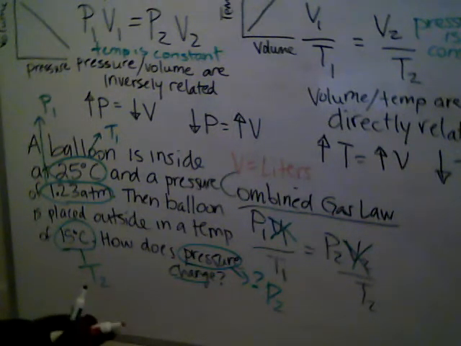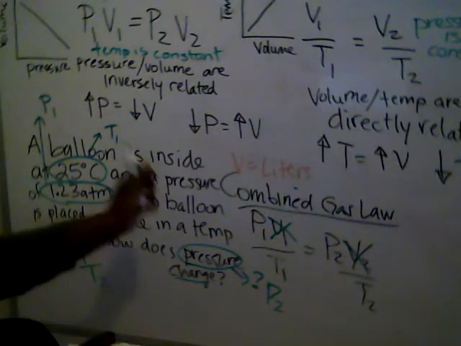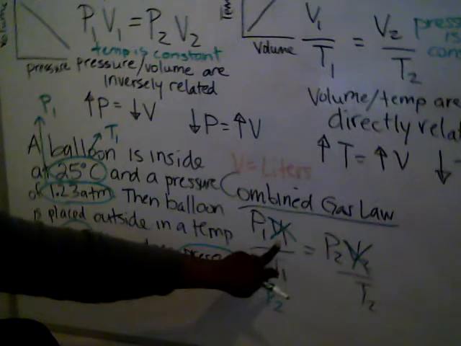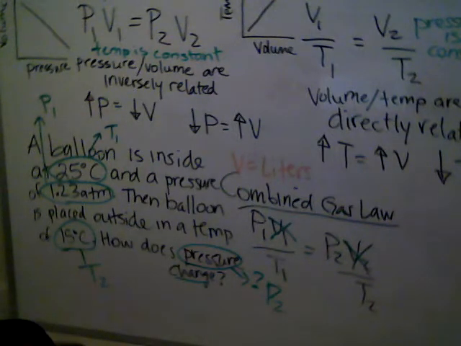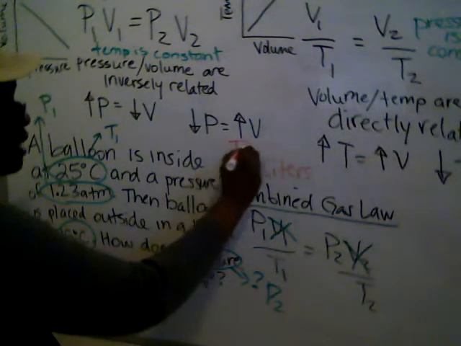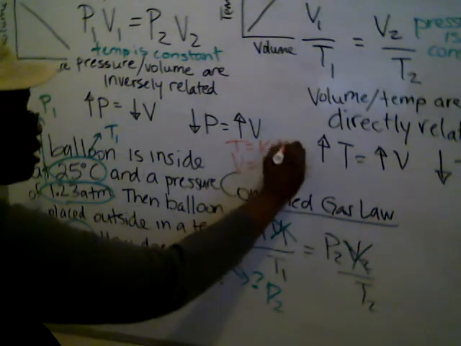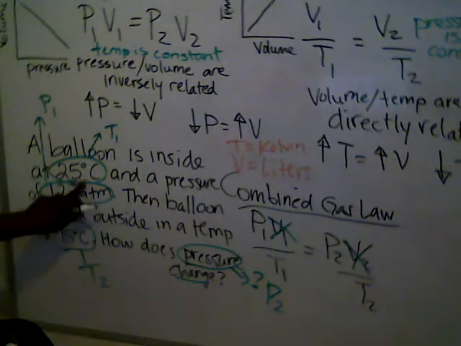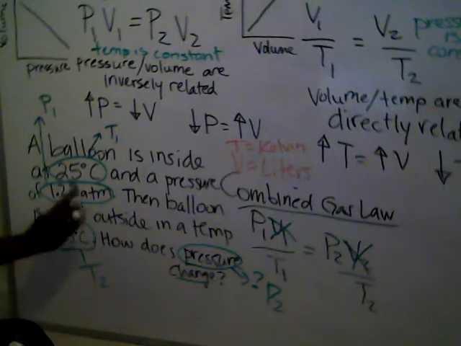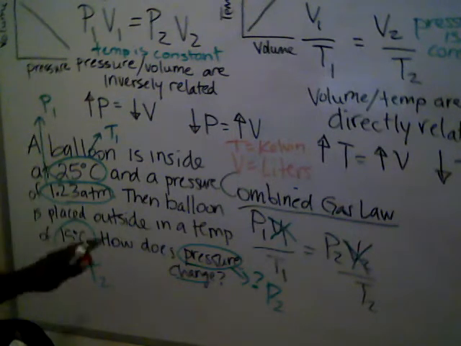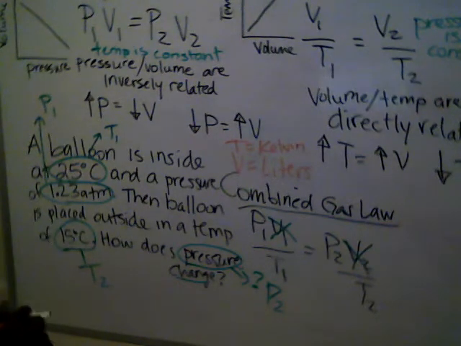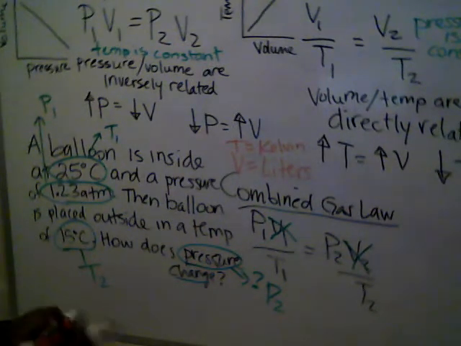If you get it in milliliters, you have to divide the milliliters by 1,000 to get it into liters before you can put it into any V equation or volumes. Temperature has to be in Kelvin. One thing that we noticed, we have Celsius in our word problem. That's going to be a problem. We need to convert it into Kelvin first before we can put it into the T, or the temperature in our equation.